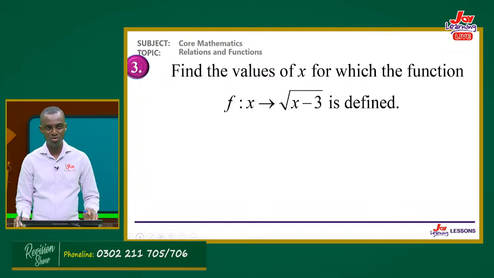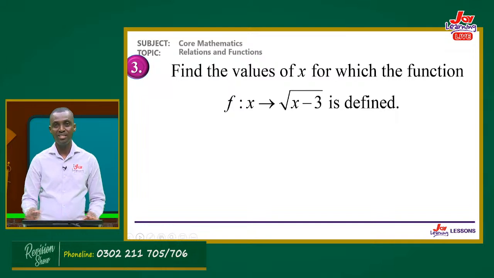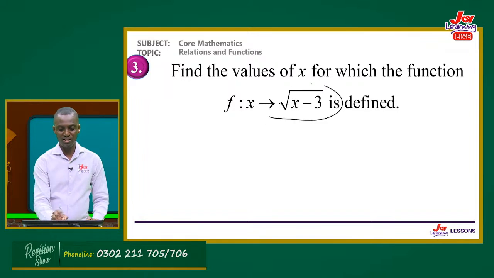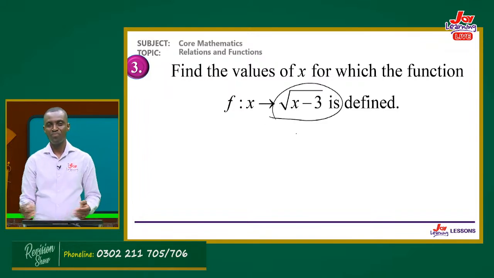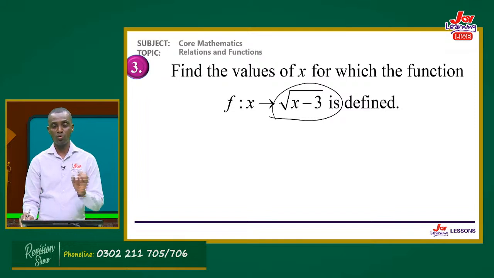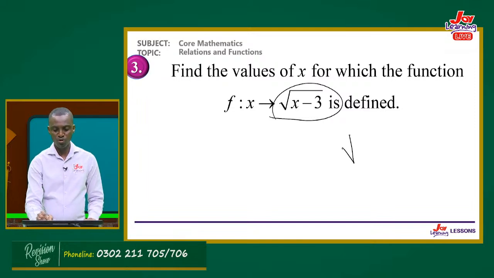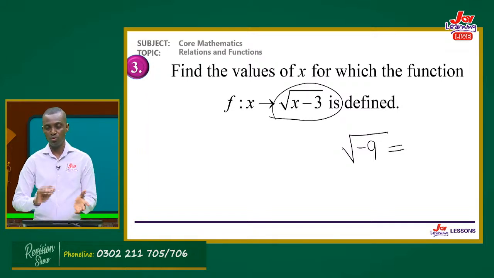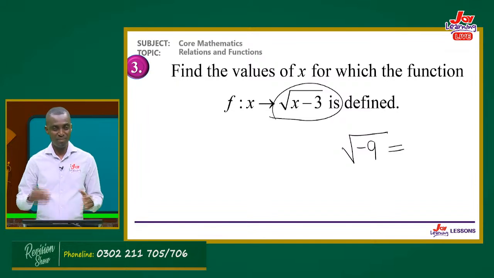Now, let's look at the solution to this question whilst we wait for those who can call in to bring their contribution or ask questions. Now, for this type of question here, you don't see a denominator, right? But there's another unique thing about square root. Anytime you pick the square root of a number and the number becomes negative, for example, I get -9. So the square root of -9 is going to give you undefined, because you put it in the calculator, you punch the square root of -9, it will not give you any answer. It will be a complex number, or imaginary number, which we don't want to talk about now.